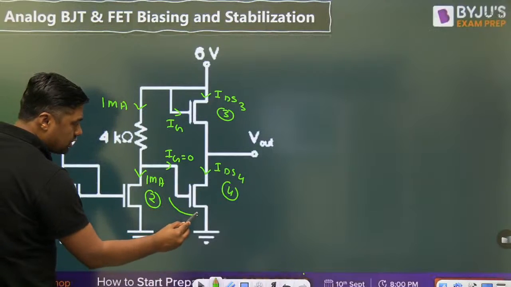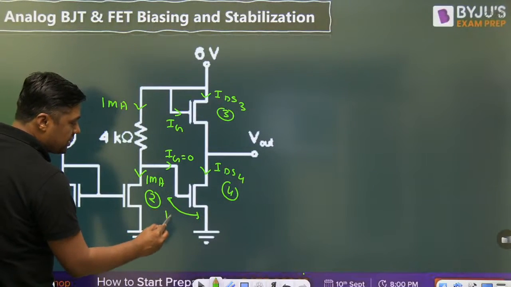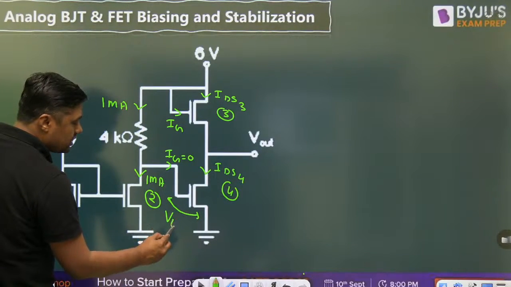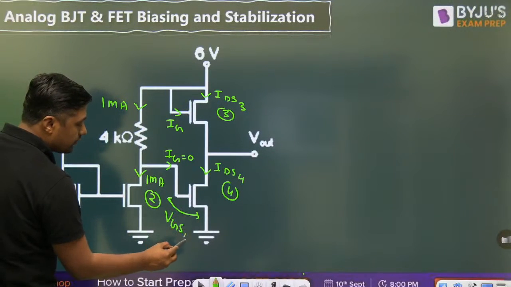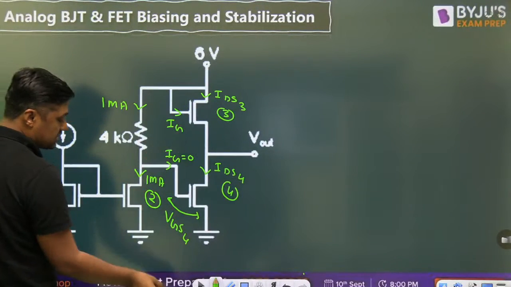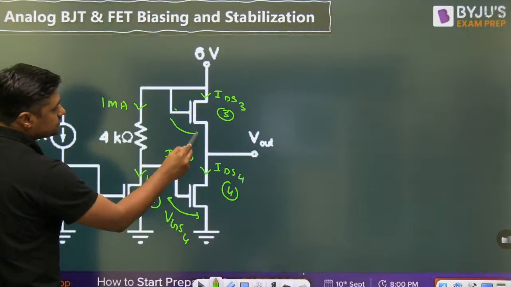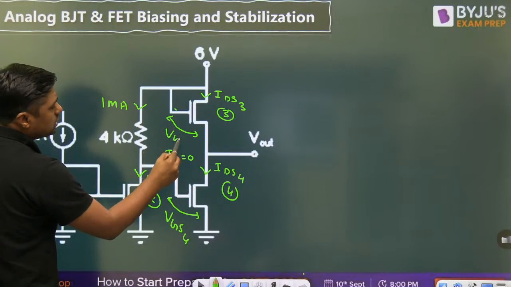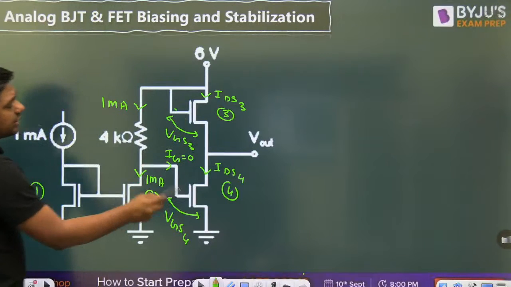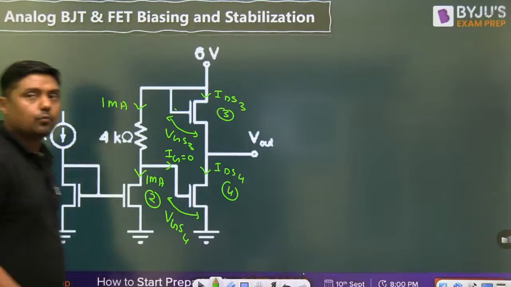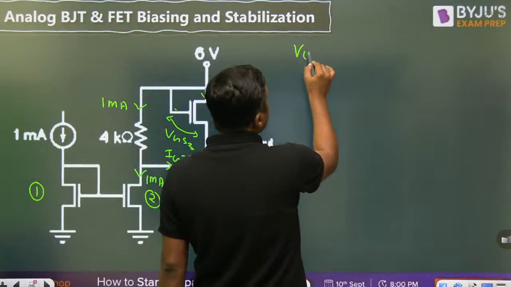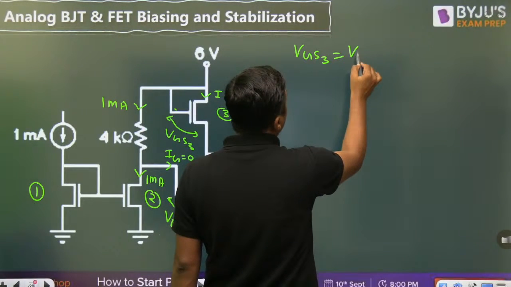So what is the voltage at this point? This is VGS4. And this voltage is called VGS3. Both are identical and both are in saturation, and that's why both have the same current. That's why VGS3 is equal to VGS4.